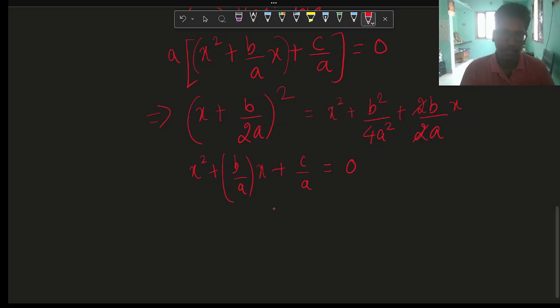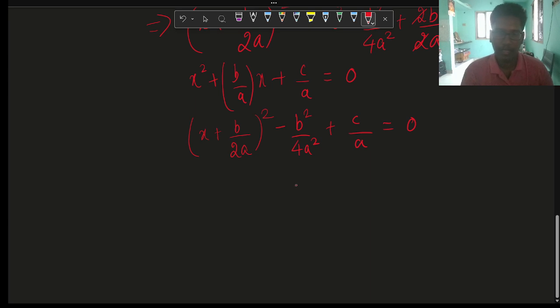Now I would like to write this equation as x plus b by 2a the whole square, and we have an excess term, b square by 4a square, which we don't require as per this equation. So we just subtract that particular part, minus b square by 4a square, plus c by a, is equal to 0.